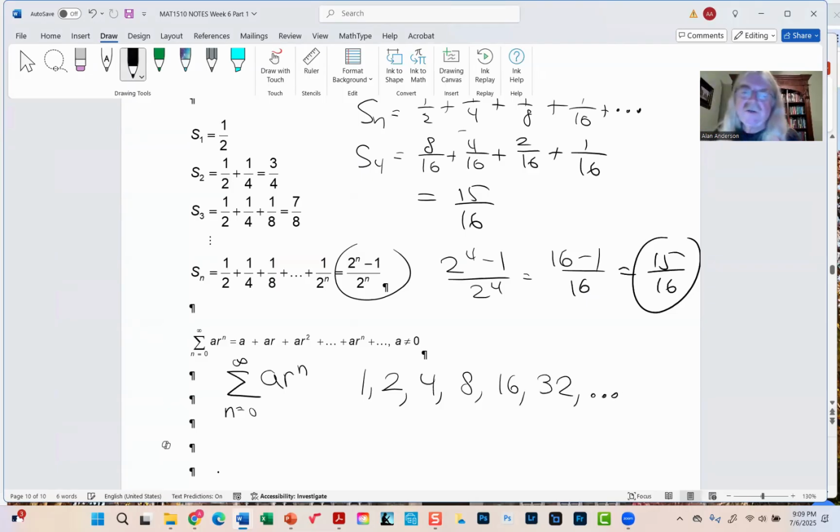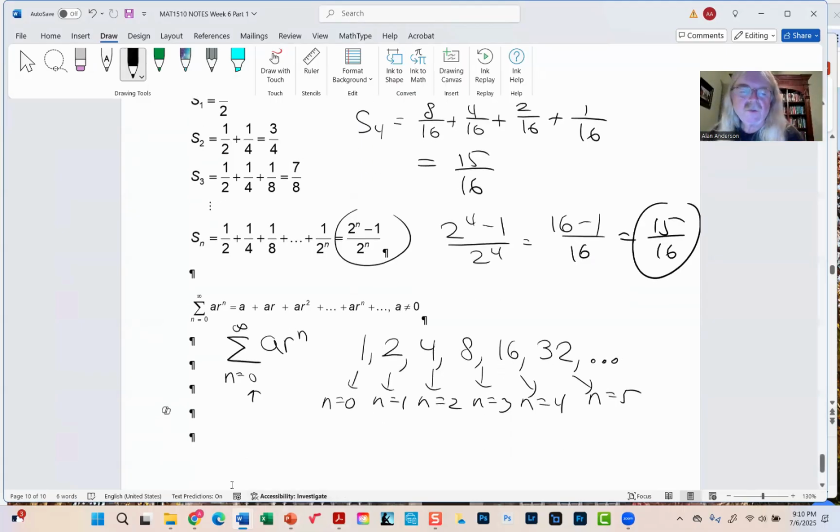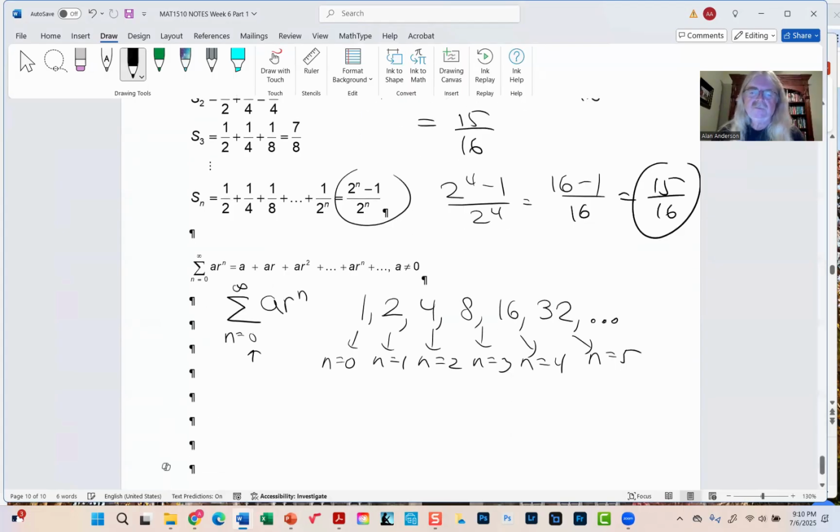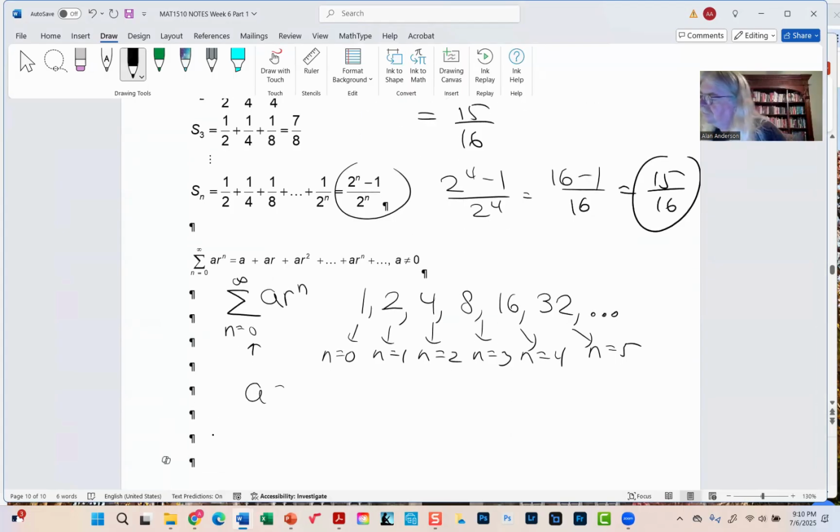So you notice here that they started with 0. That means here we have n equals 0, n equals 1, n equals 2. And in this case, we're going to have a equals 1.